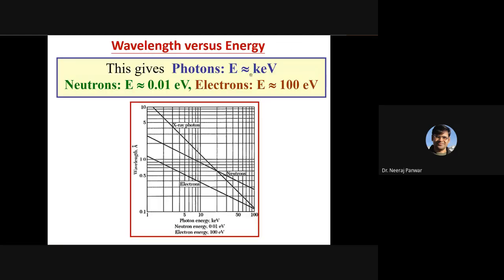And this is what we are showing: if we want to study the crystal structure, the energy of the incident X-ray photon should be in the kilo electron volt range. Only then will it correspond to wavelengths of the order of the interplanar spacing.